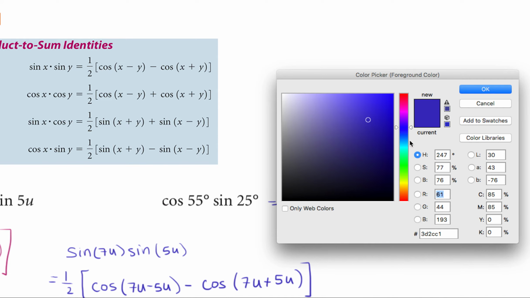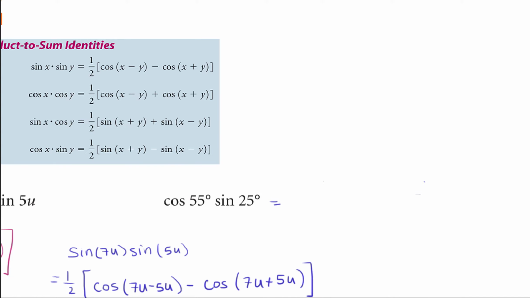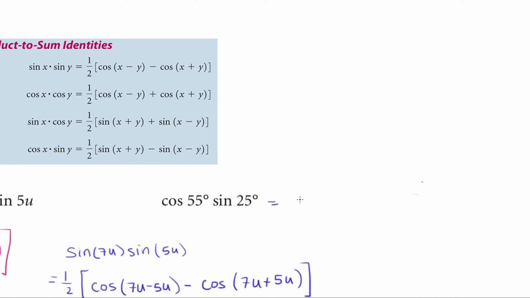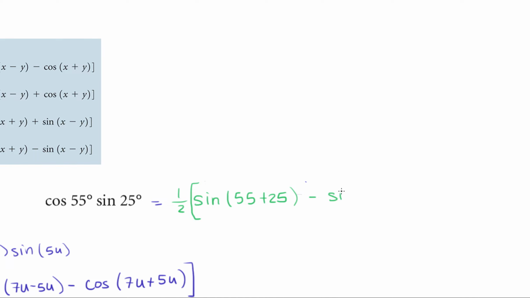Okay. So it's going to be again 1/2 sine of 55 plus 25 minus sine of 55 minus 25.